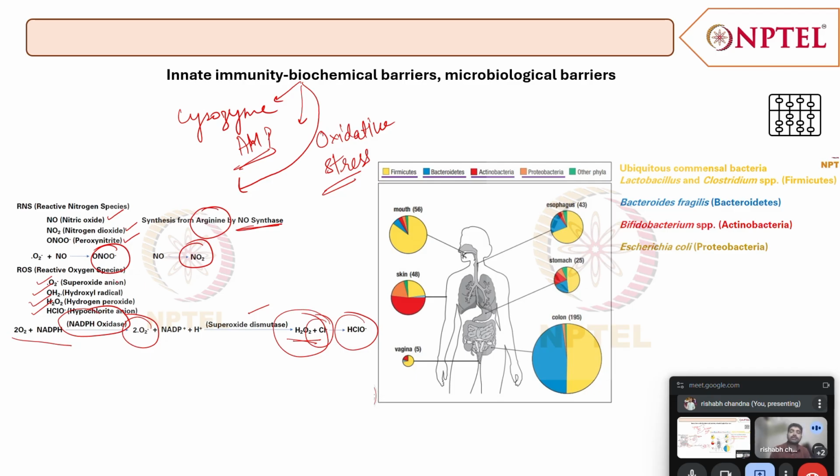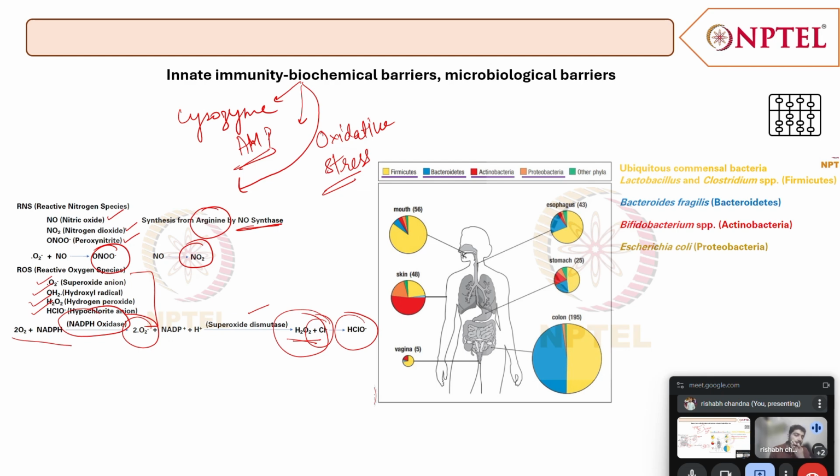So these are the main reactive oxygen species that are produced by the different phagocytes to initiate the immune response. The neutrophils and the macrophages both produce this particular ROS and RNS.